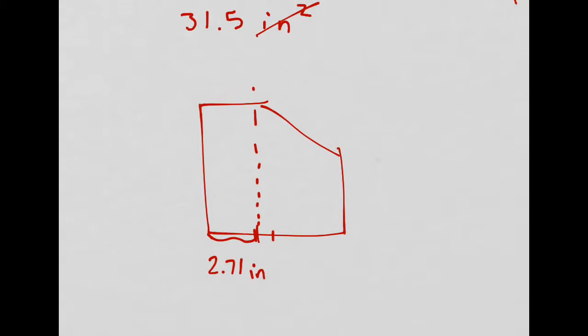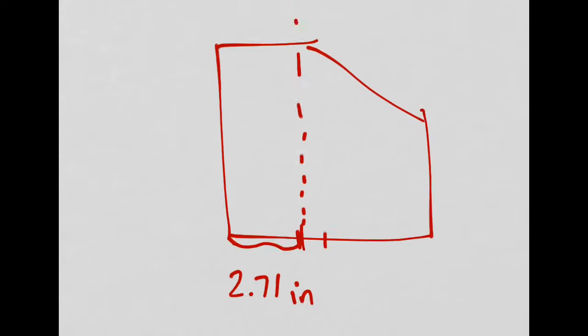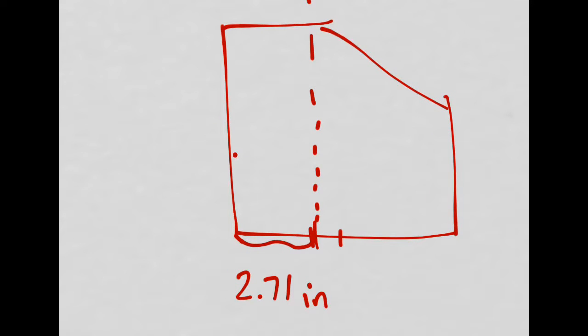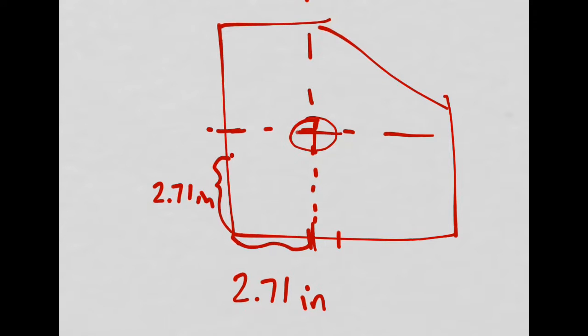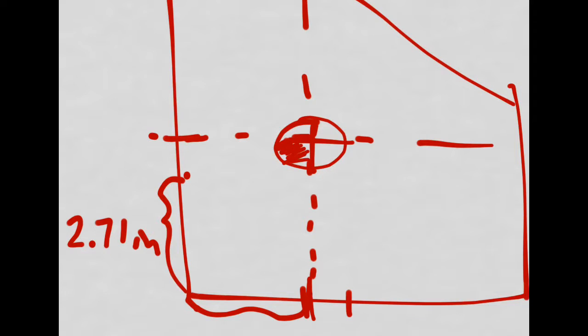There's that axis, and since this is symmetrical across that, it's actually 2.7. We don't even have to calculate y bar. If that's half, maybe that's 2.71 inches. And then there we go. The intersection is the center of gravity.